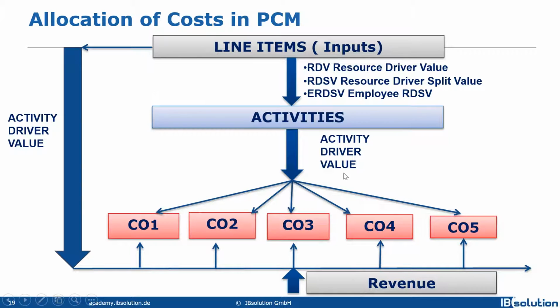Once we apply the activity driver as well, then we can reach our output, or in other words, the costs for a particular activity. Once we know our costs, then we can take this information, and again within PCM, we can analyze our revenue and how this can be impacted.